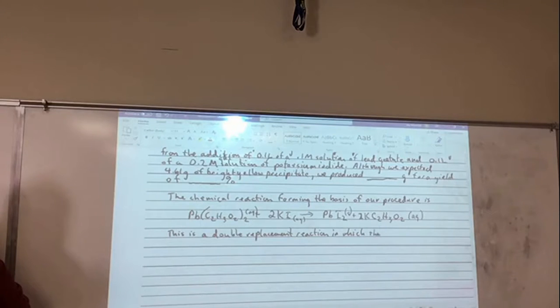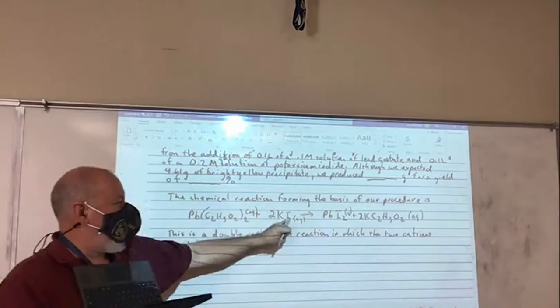the two cations switch anions. Okay, that's what all double replacement reactions are going to be.